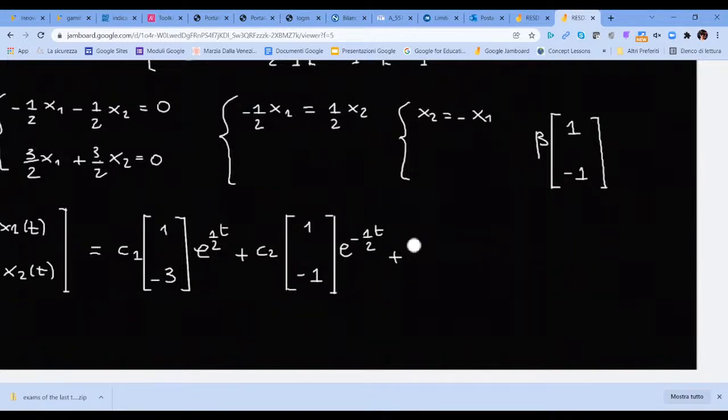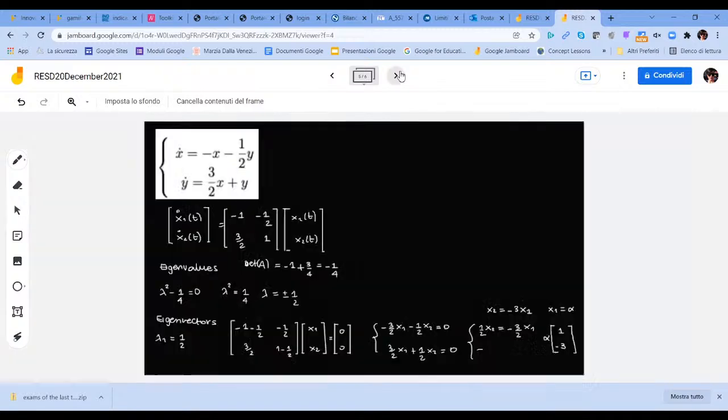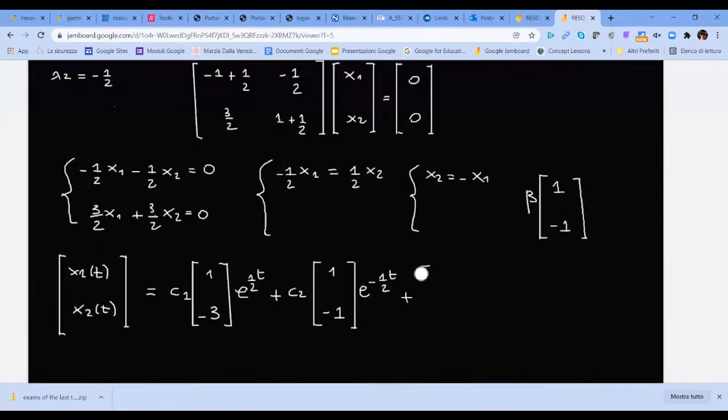This solution is written with the steady state x star, y star, that is 0, 0. So we have the steady state that is 0, 0. What about this saddle point?